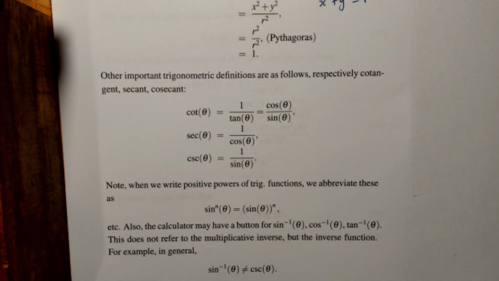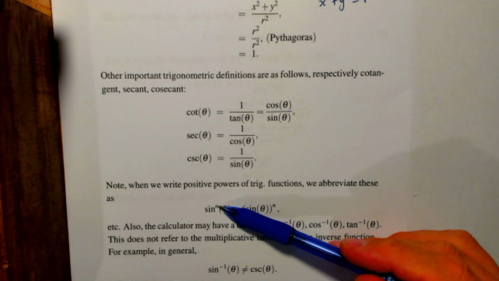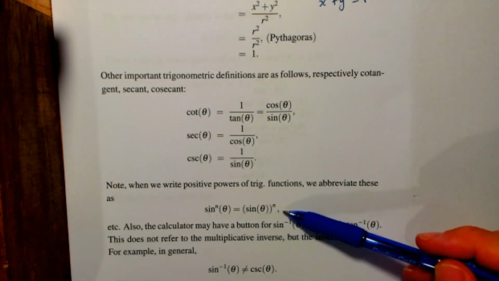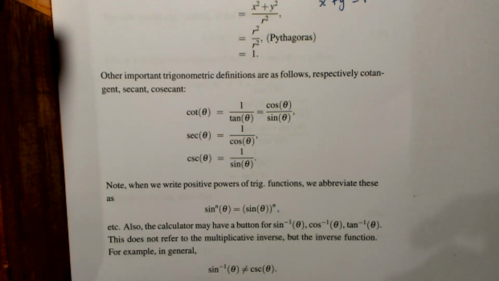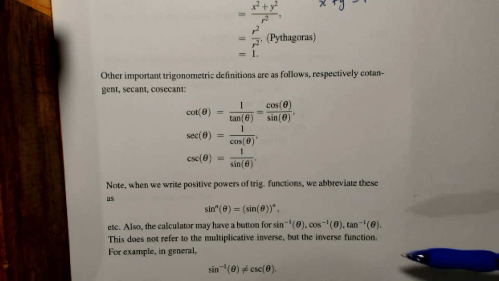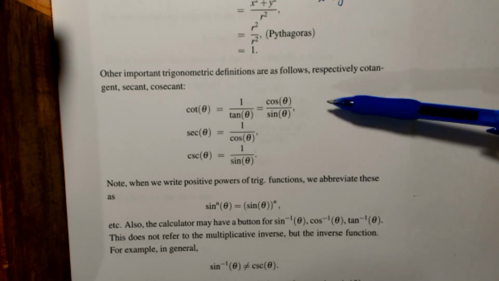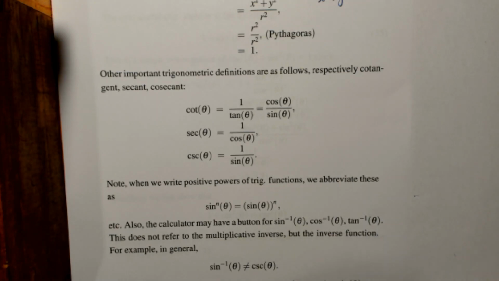When we write positive powers of trig functions, we abbreviate those as, say, sine superscript n of theta, but what this means is sine of theta to the power of n, etc. However, when we put sine superscript -1 of theta, etc., in the calculator, we mean the inverse function, not the multiplicative inverse. So the multiplicative inverses of each of those are up here. These mean inverse function.